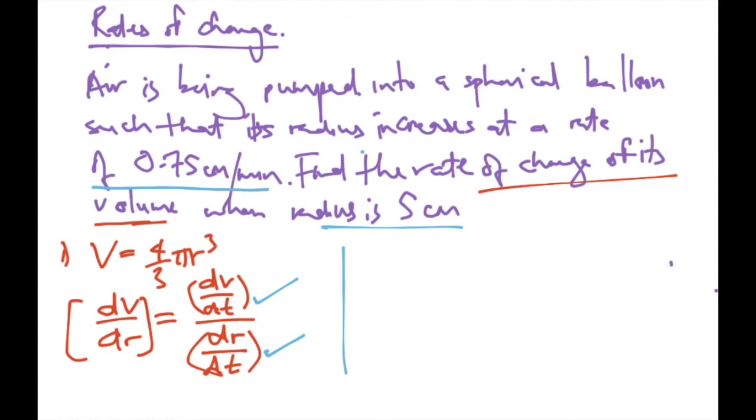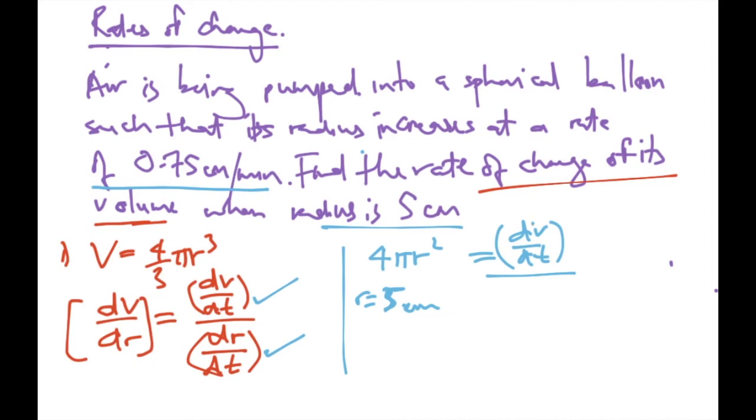dV over dr is 4 pi r squared, and this time r is given as 5, not 3. Okay, 5 cm. And dV over dt is what we are required to find.